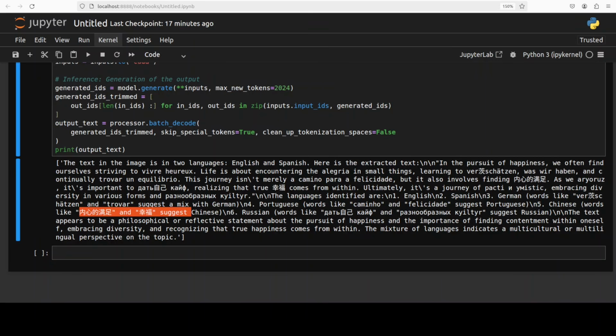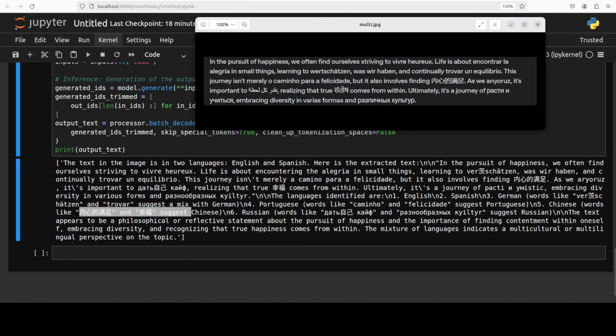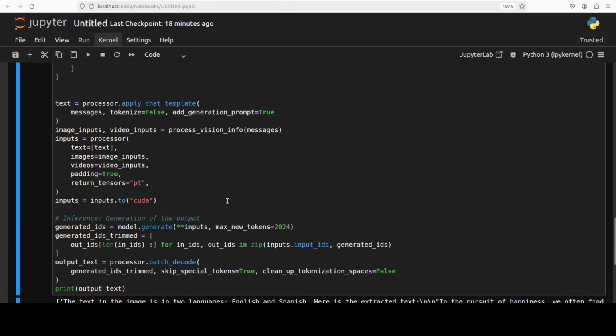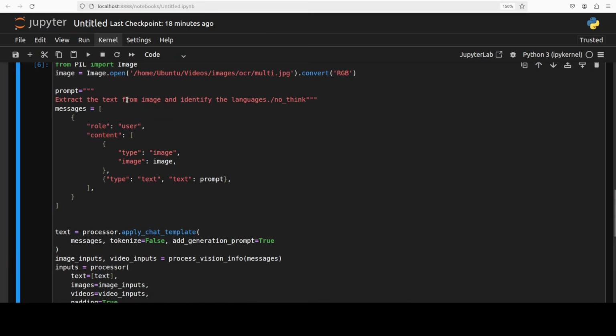I don't think OCR is at that level yet, especially when it comes to multilinguality, because it has missed Arabic and Hindi and a few other languages. But for the rest of it, where it identifies, it has done the OCR quite well. But when we say OCR, we really don't want the commentary, because I have particularly asked it to just extract the text, which it didn't follow. So if you're looking for an OCR model, this might not be the one.